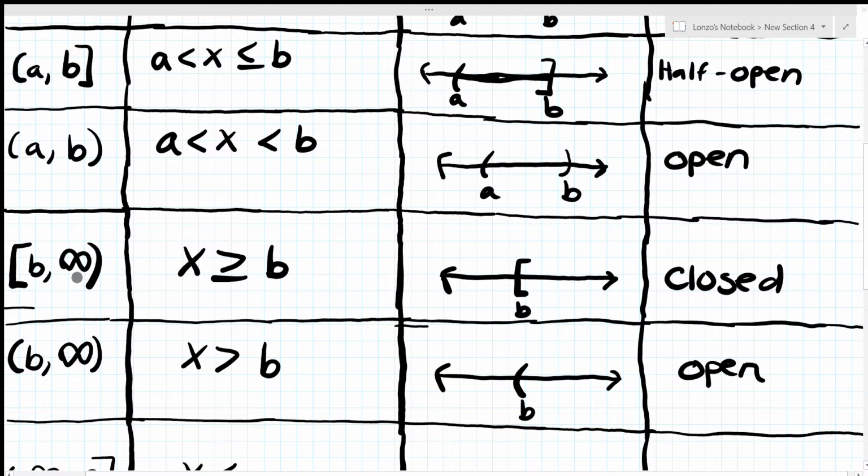From B, none of them are included. B is a parenthesis, infinity is in parentheses, so you're saying x is greater than B, and then you just simply do a parenthesis and then you move the arrow to the right.